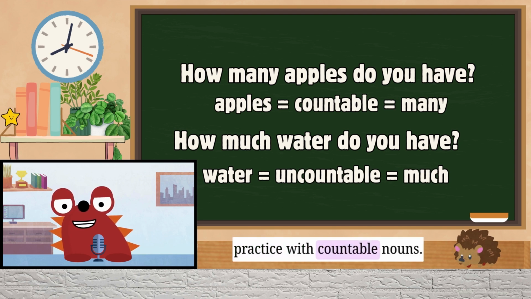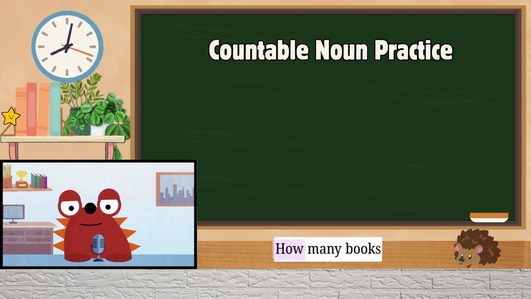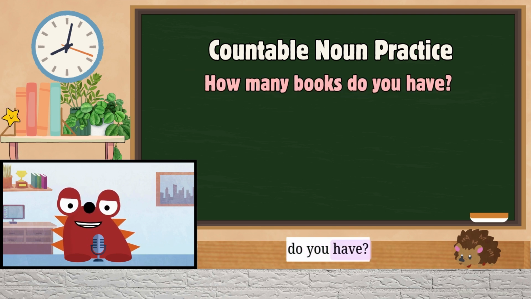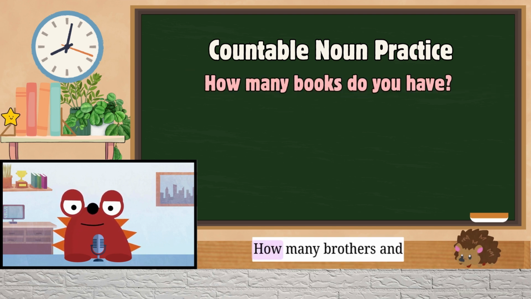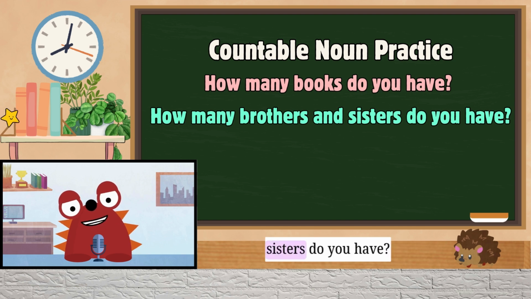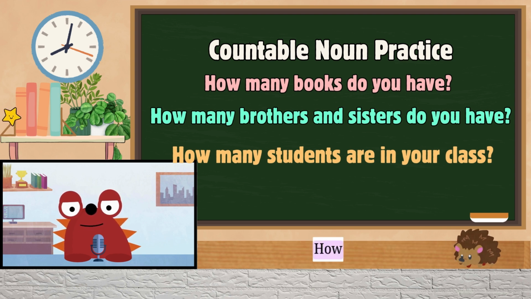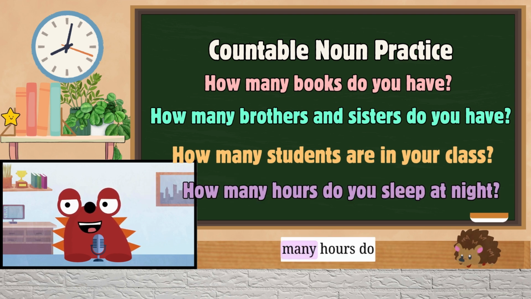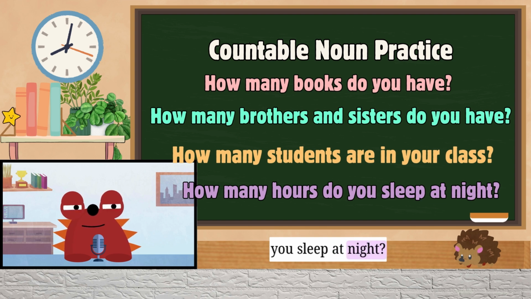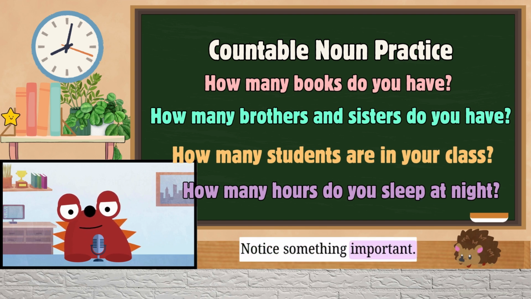Let's practice with countable nouns. How many books do you have? How many brothers and sisters do you have? How many students are in your class? How many hours do you sleep at night? Notice something important.